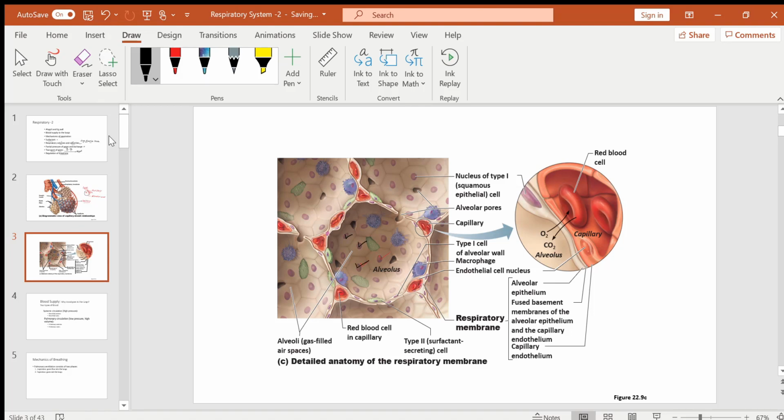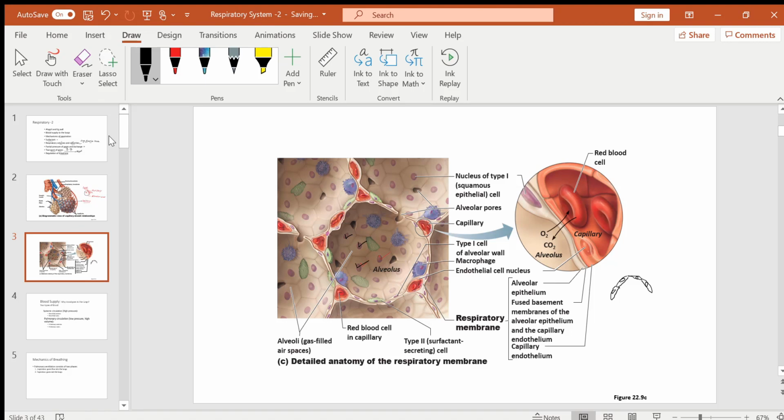Okay, and most of the wall is mainly formed by simple squamous cells. So it is like this. You know, the flat squamous cells you already know. So this is the wall of the alveolus. Okay, nucleus inside the squamous cell. It's a single layer of squamous.